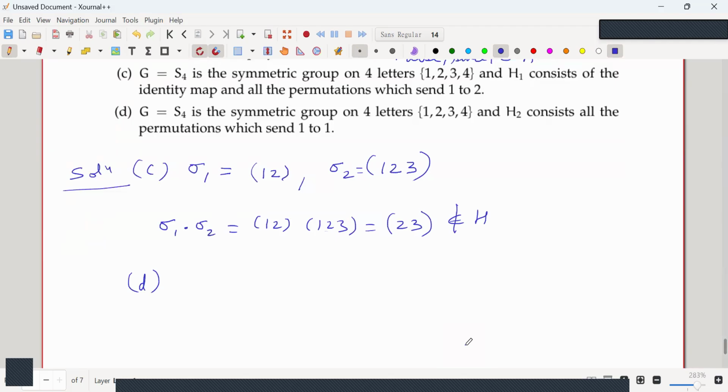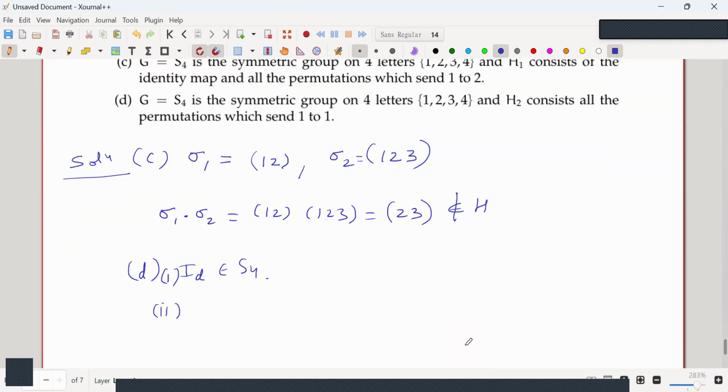Now what about D? All permutations which map 1 to 1, whether identity is there? Yes, sir. This is a subgroup. Why? So identity is there. First part is done.